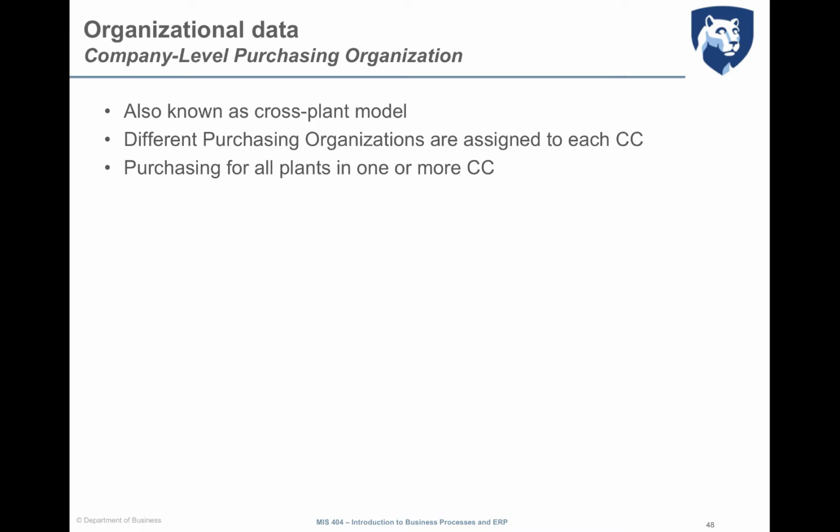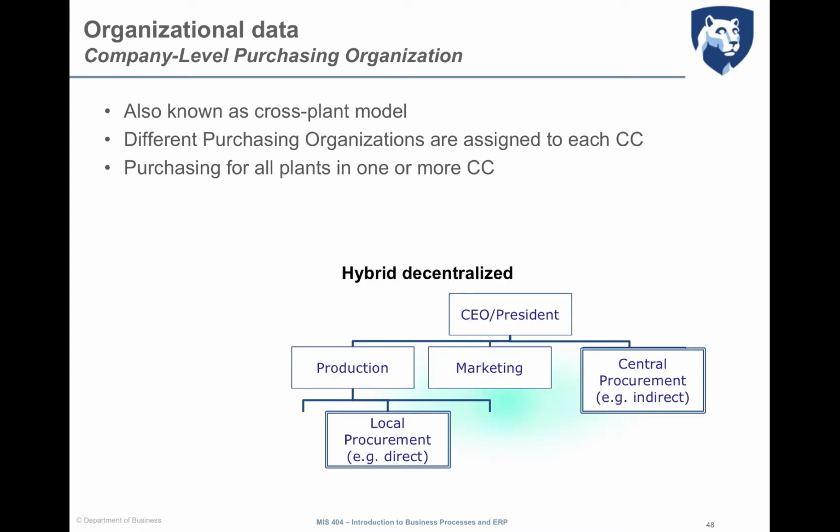If we refer to the model that we have seen in the past, it is quite equivalent to the hybrid decentralized model, where direct goods are managed directly by local procurement offices reporting to each plant, so to the production, while we have a central procurement department which has the responsibility to manage the spending and the categories which are shared among different plants, but also with different functions, such as marketing, finance, research and development, and so on.